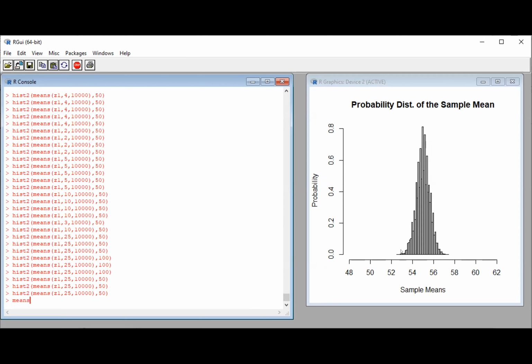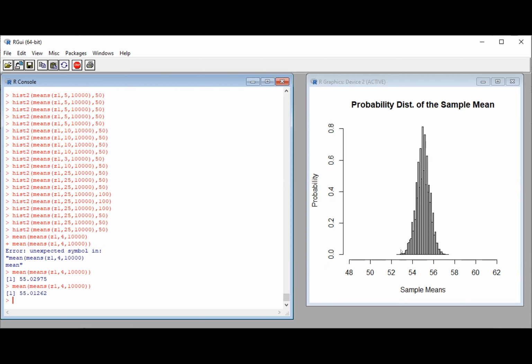And you can check the mean of a sample. If I pick a sample, let's say of size 4, and my answer is 55.